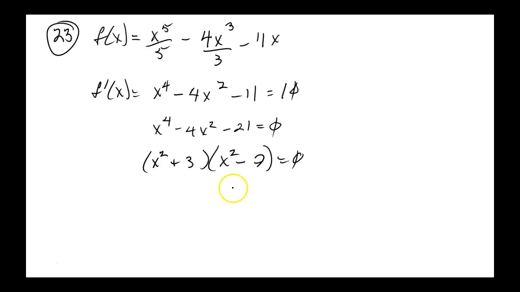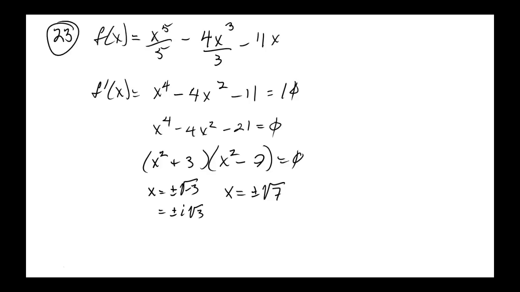X equals plus or minus the square root of 7, and x equals plus or minus the square root of negative 3, which would be plus or minus i root 3. If you're using complex numbers, there's 4 solutions. If you're using real numbers, it's just 2.